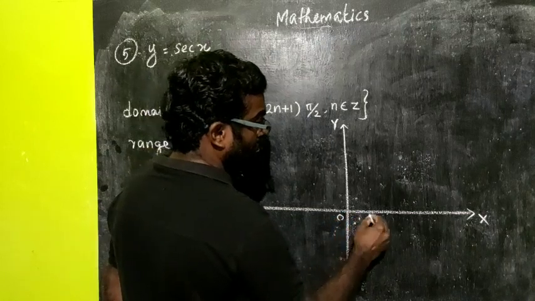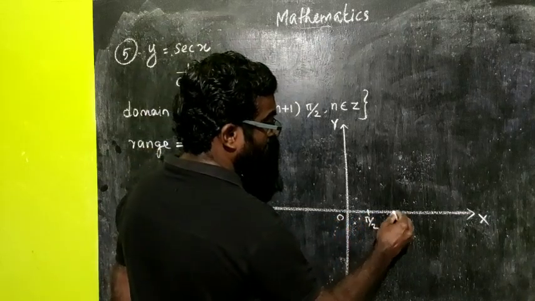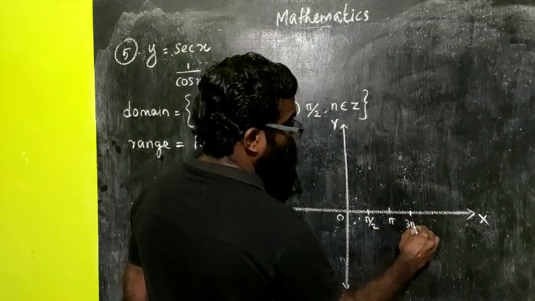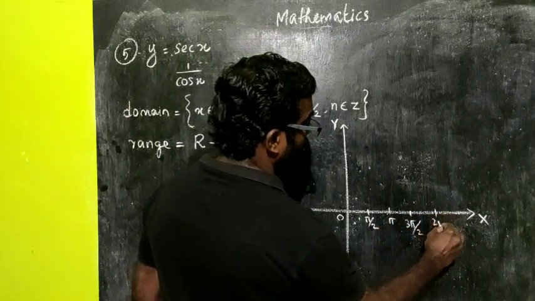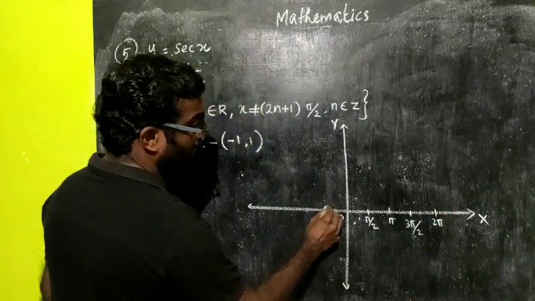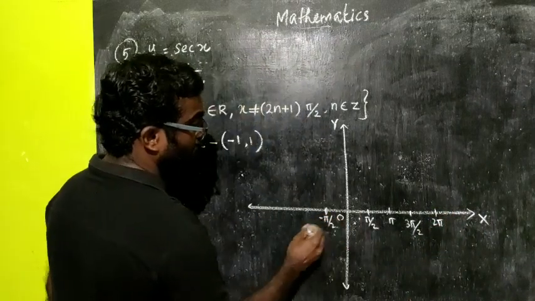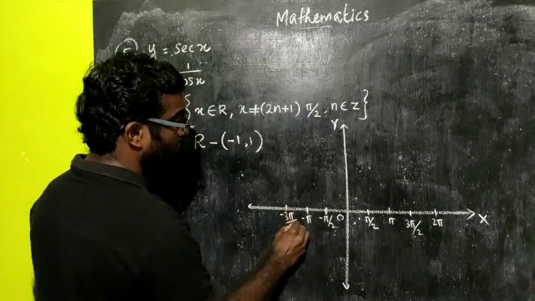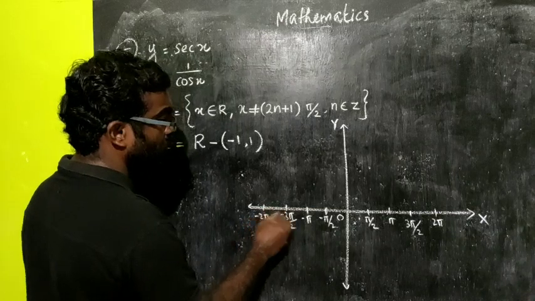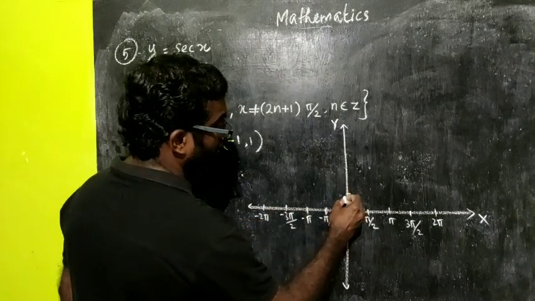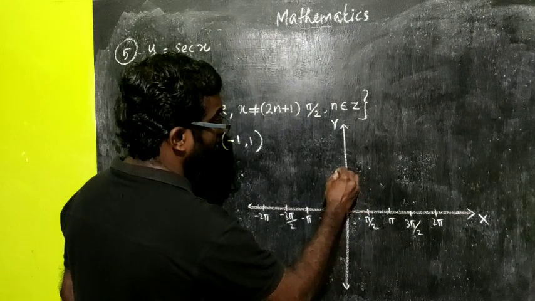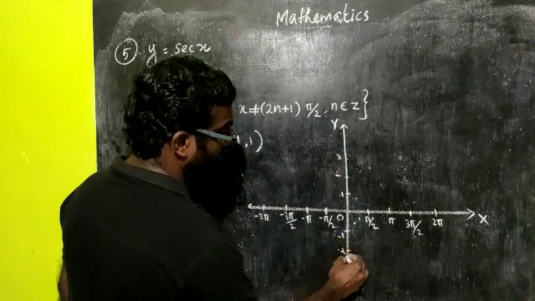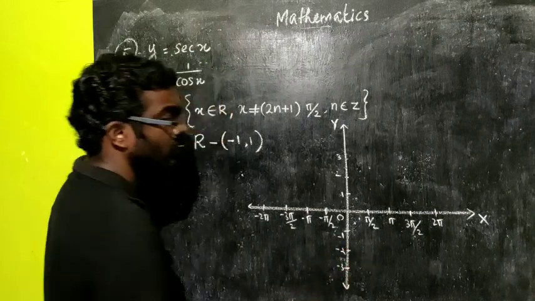Then 0 degree, pi by 2, pi, then 3 pi by 2, 2 pi. Then here minus pi by 2, minus pi, minus 3 pi by 2 and minus 2 pi. And on the y-axis 1, 2, 3, etc. Here -1, -2, -3, etc.